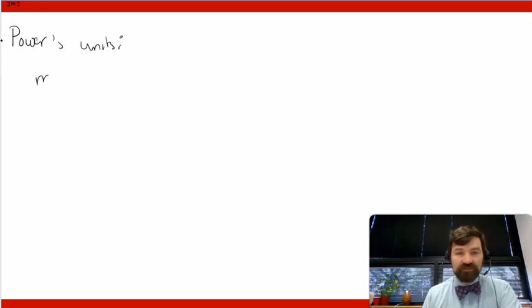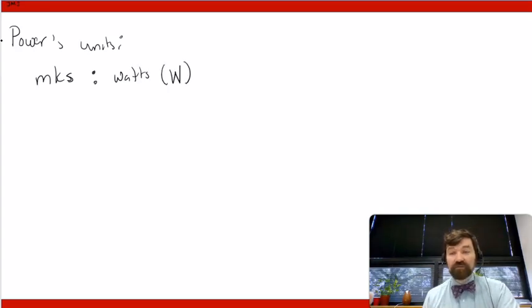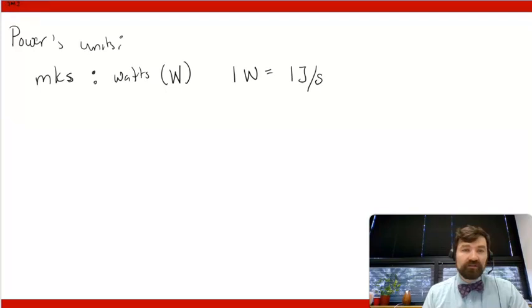Before we go to the examples, let's note that the power actually has units associated with it. So what are the units for power? The common unit for MKS, the one that you'll mostly be working with, is the watt. So watts, which uses a capital W, not to be confused with work. 1 watt is equal to 1 joule of work per second. There's a second commonly used one.